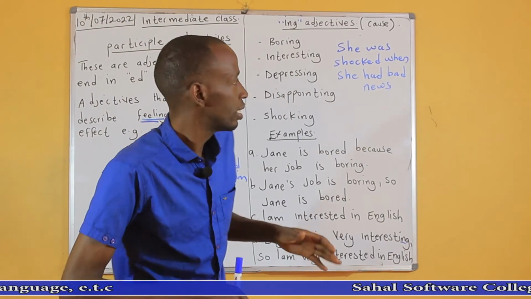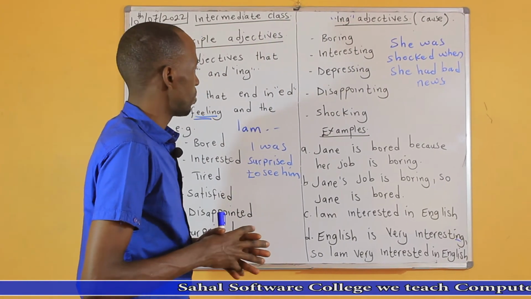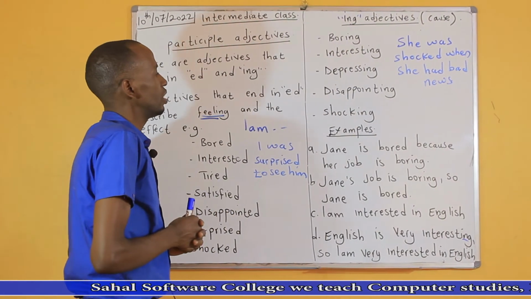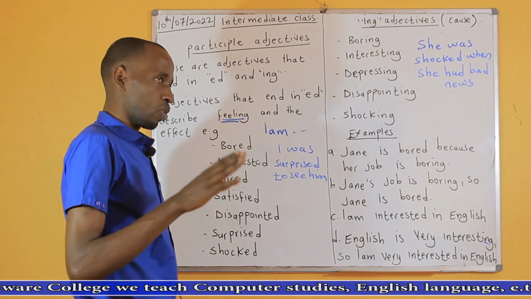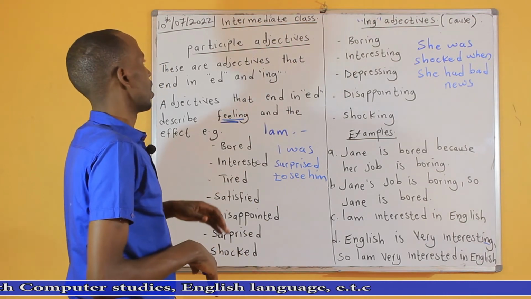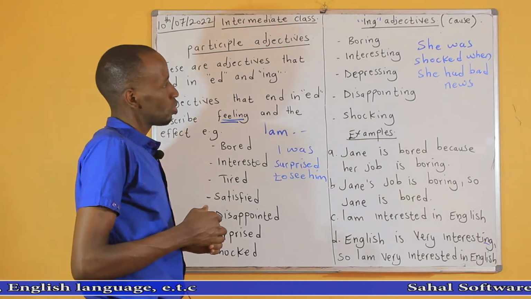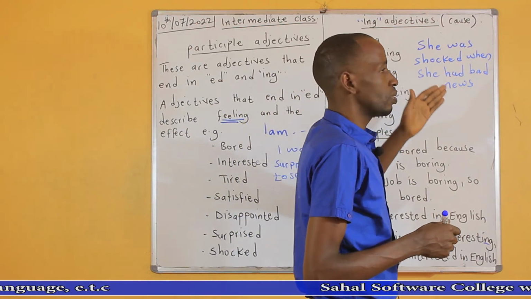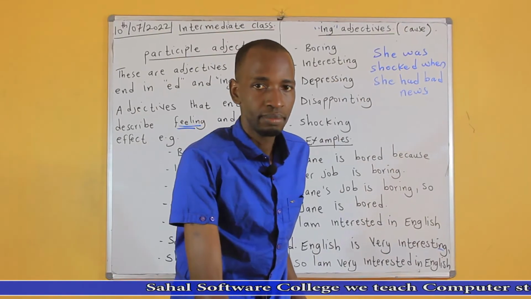Also, you have to make sentences using boring, interesting, depressing, disappointing, shocking. So when you finish them, I'm sure you will be able to differentiate between the adjectives that use ing and the adjectives that use ed.